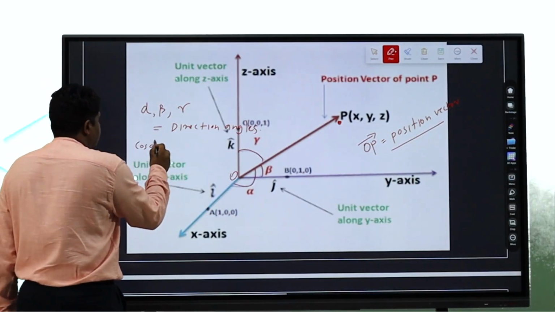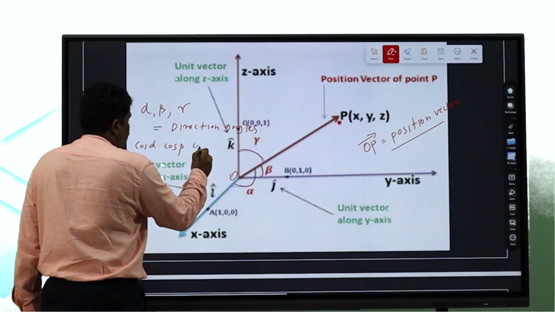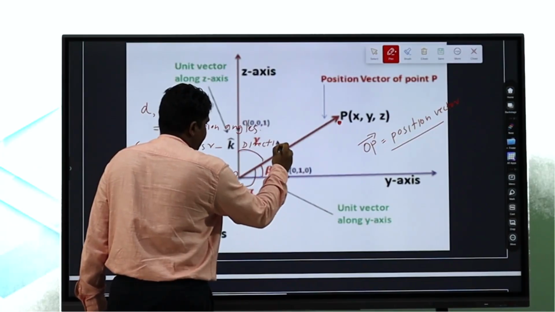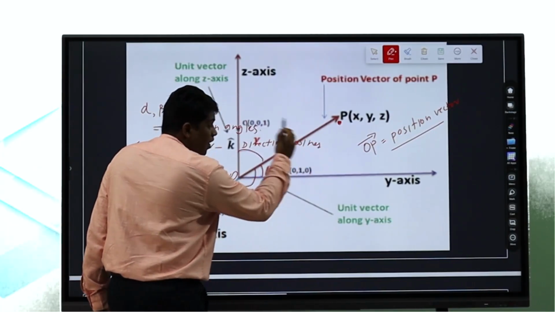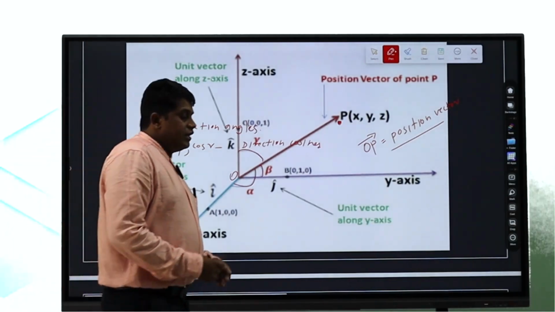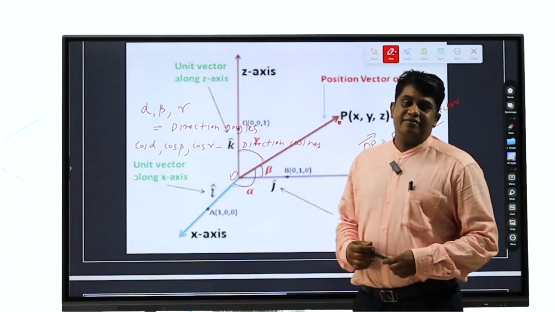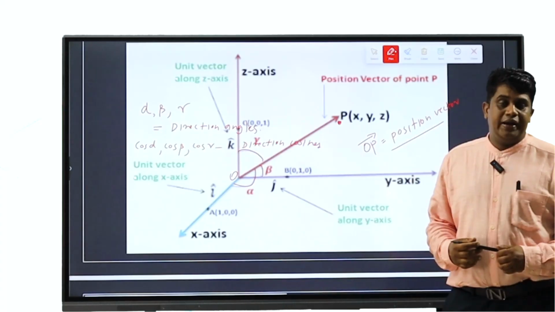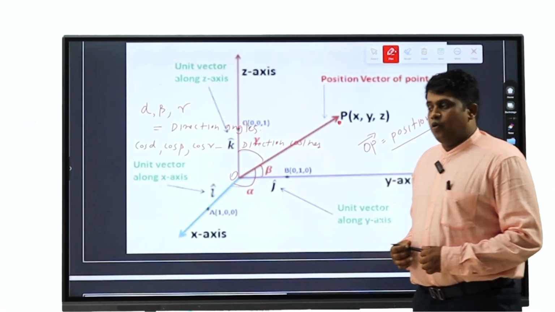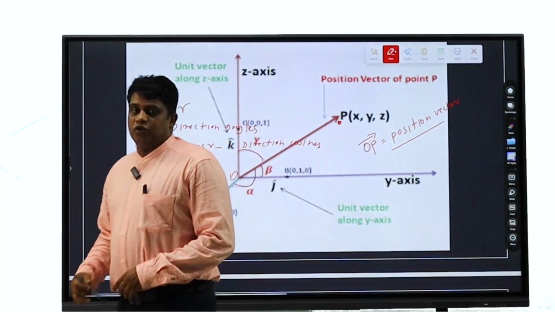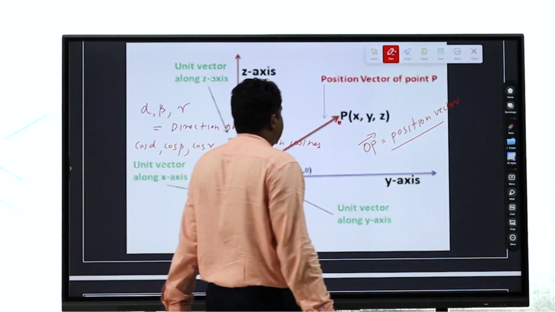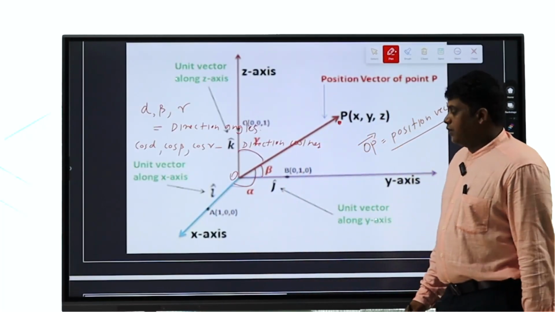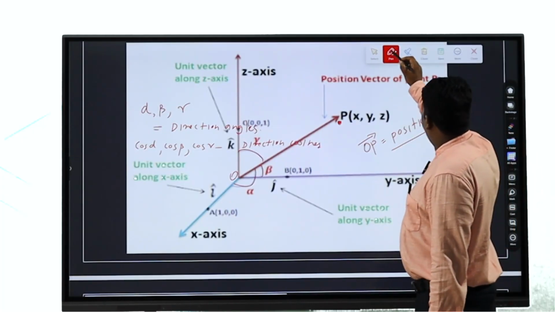Cos alpha, cos beta, cos gamma are said to be direction cosines. Why are they called direction cosines? Because they are the cosines of the direction angles alpha, beta, gamma, where alpha, beta, gamma are the angles made by the position vector OP with the positive direction of the x-axis, y-axis, and z-axis respectively. Okay, then we can go forward.